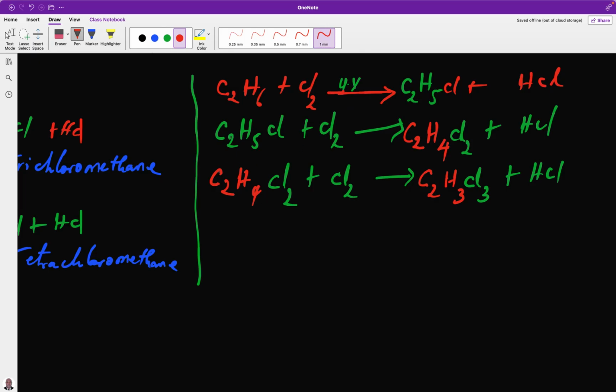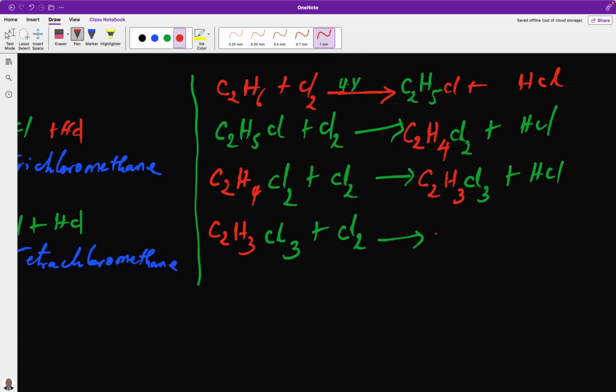We will have C2H3Cl3 plus a chlorine molecule again. What happens? We are concerned with the hydrogen atoms and the chlorine atoms.